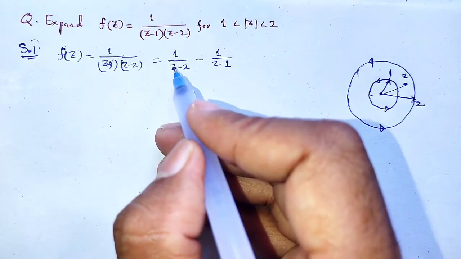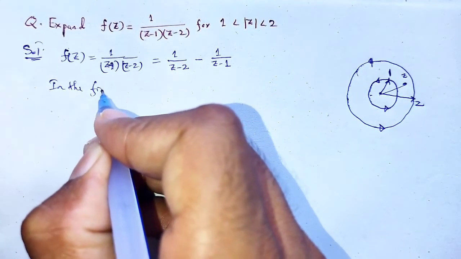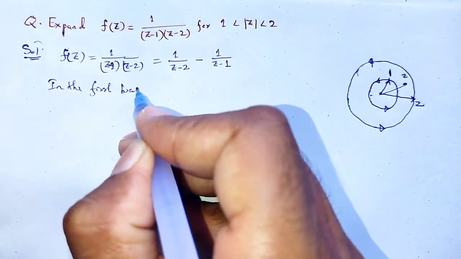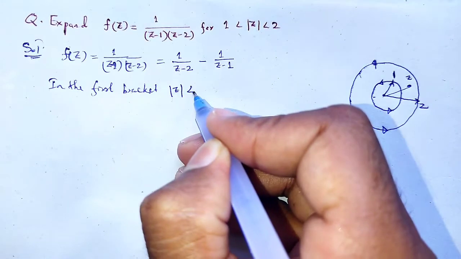In the first bracket, let us take magnitude of z is less than 2.